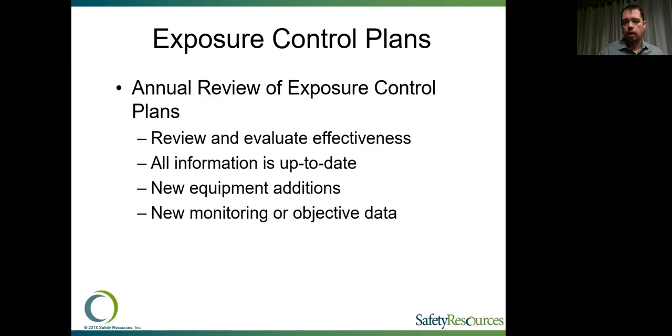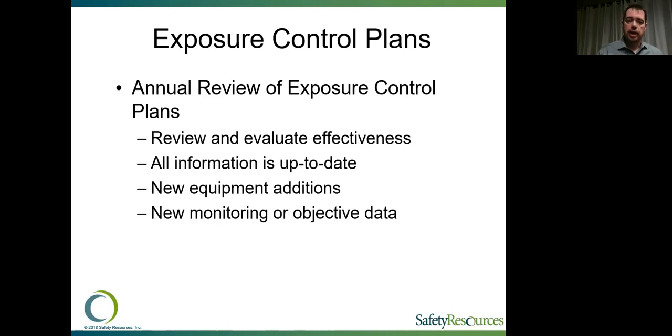It is also required under the standard that we have some type of annual review of those exposure control plans. This is necessary to make sure that they are as effective as they are required to be, but also to make sure that we have up-to-date information. If we have updated equipment or changed a certain process, that needs to be reflected in those exposure control plans as well.